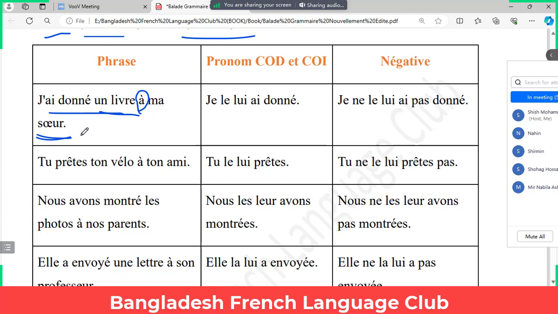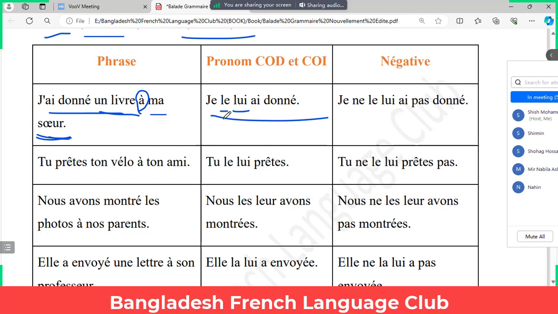Now we are going to change both of them by the COD and COI. You know the rule because you have learnt it. For le livre, we have le. And for ma sœur, we have lui, because it is indirect. So: je le lui ai donné.